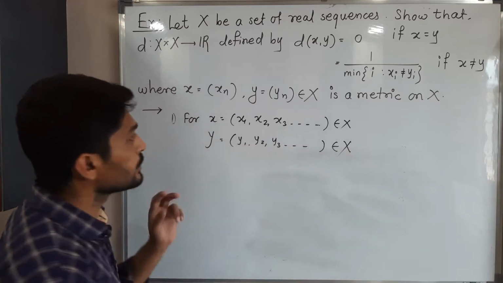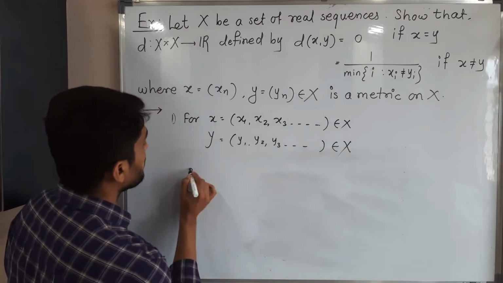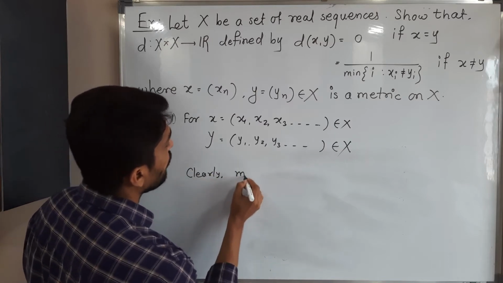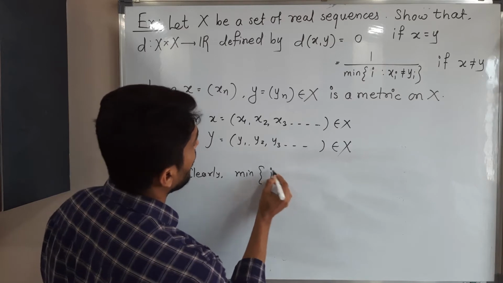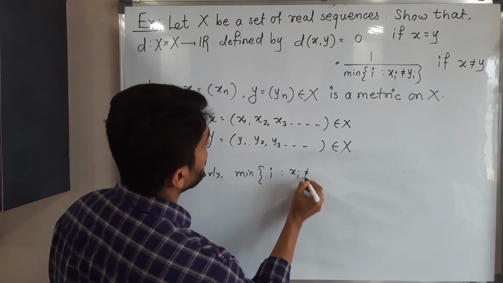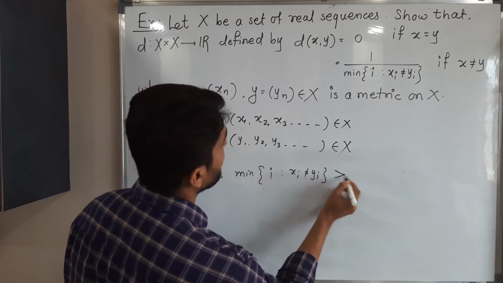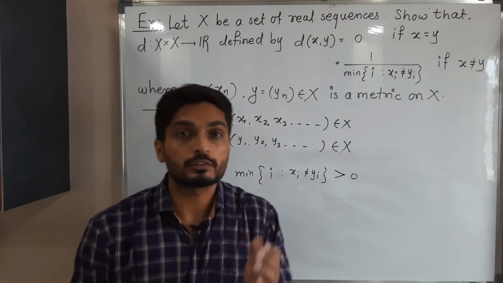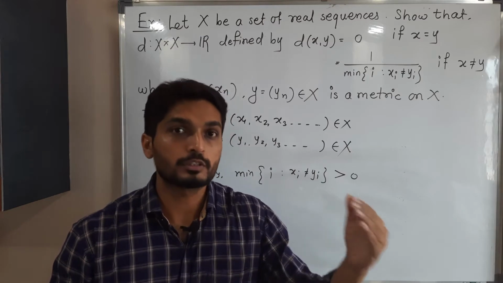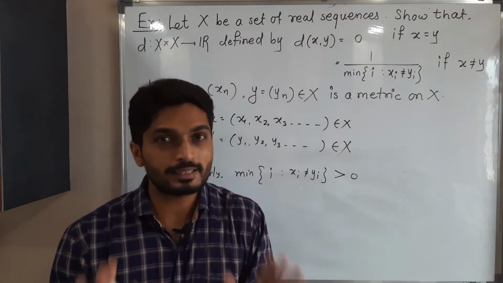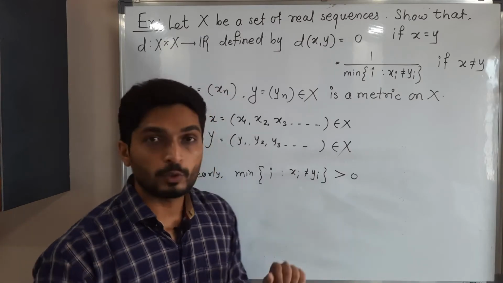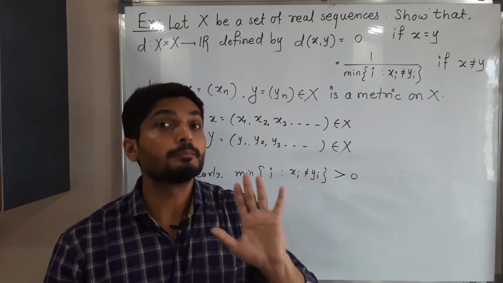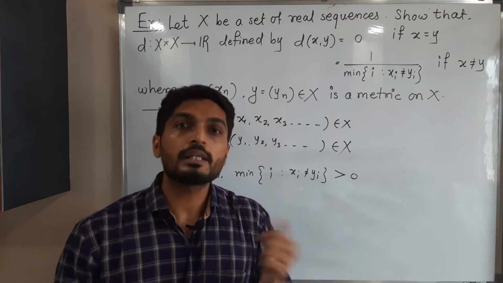Clearly I can mention minimum of i such that xi is not equal to yi is greater than 0. Here i denotes position: first position, second position, third position. All these are natural numbers, they cannot be 0. So the minimum of them is also a natural number.